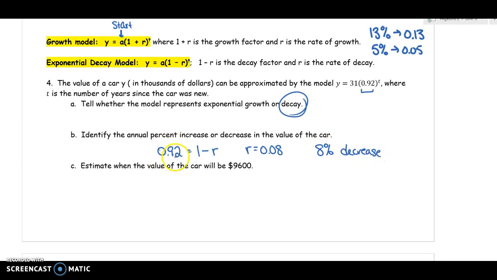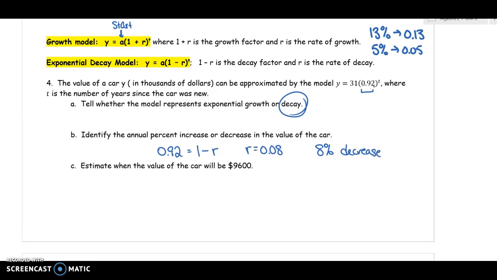Really, think of this decimal 0.92 as 92%. So if you're keeping 92% of the value of the car, what percent of the car are you losing each year? You're losing 8%, because 92 and 8 would add up to the total 100%. So think of it that way, that 0.92, we're keeping 92% of the value, which means we're losing 8% of the value.